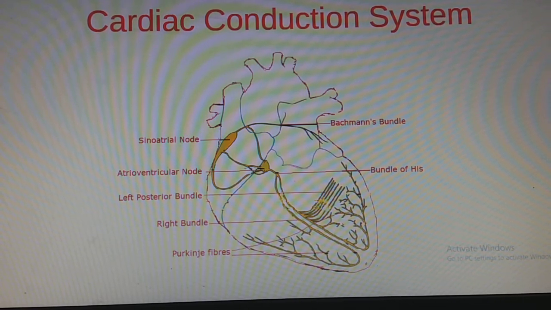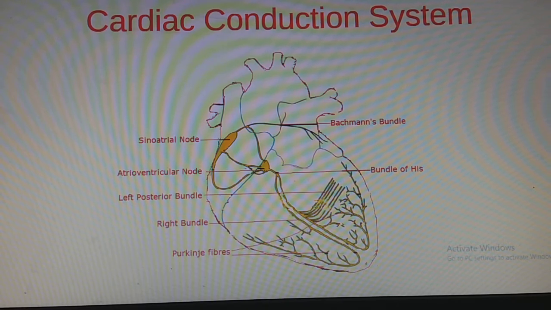Now, there is a thing which I want to share with you before starting this topic: the study of the heart is not a simple thing. It is a very complicated organ and the study is also very complex. So, we are studying this organ systematically, step by step, which I think is a very easy way to learn.